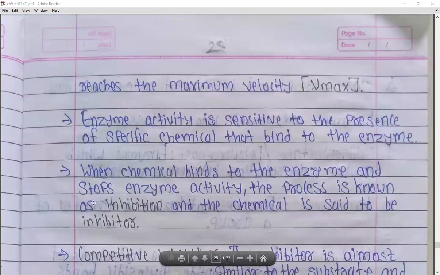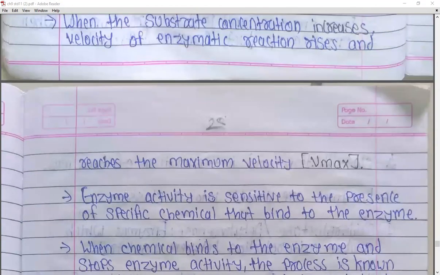So the enzymatic reaction increases and reaches the maximum velocity level, which is known as Vmax.